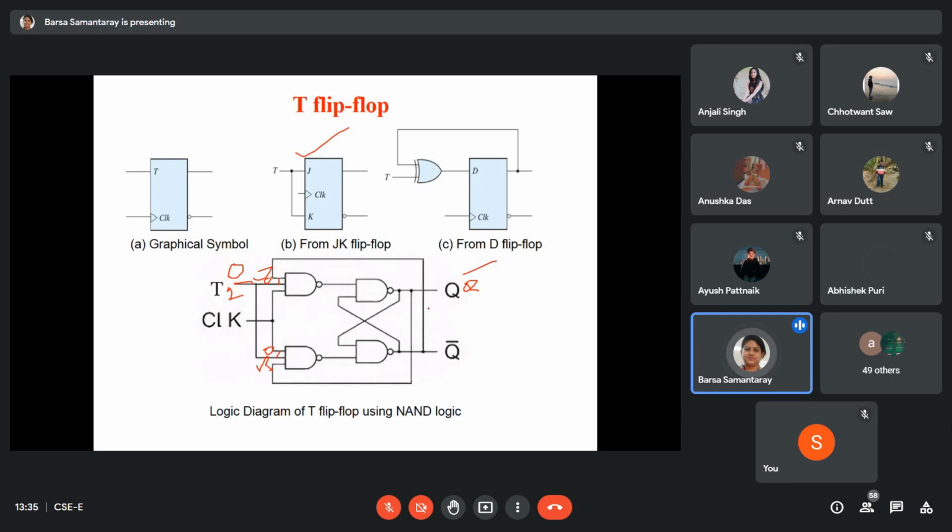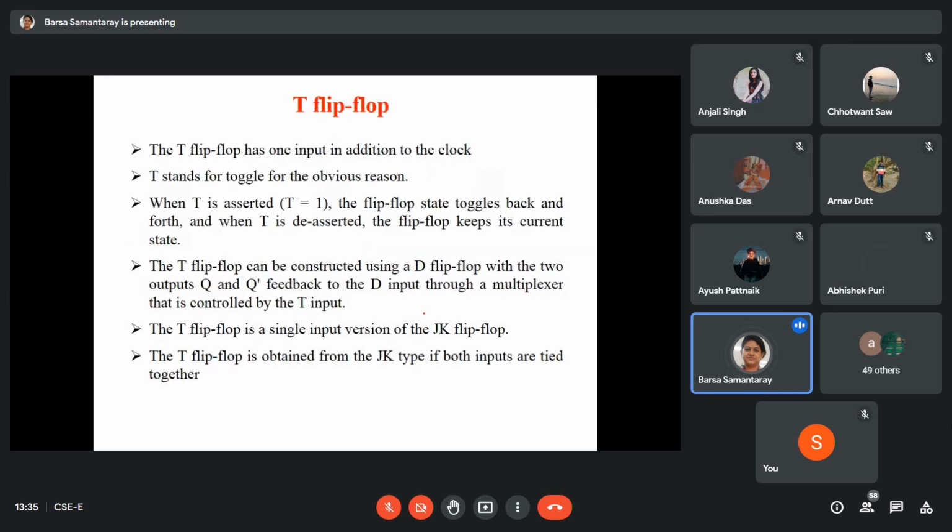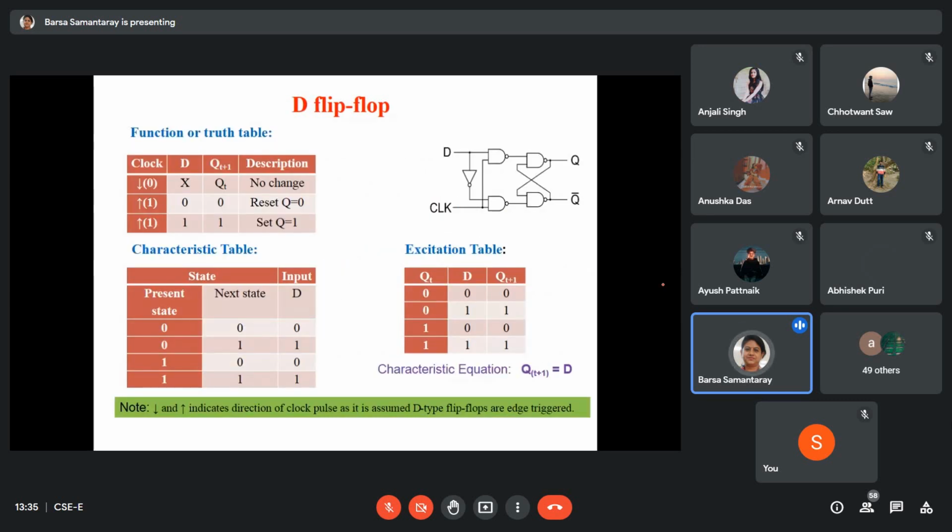So first we know what a D flip flop is. The T flip flop is derived from the D flip flop. Okay. And the D flip flop, you can see in this diagram, is derived from the SR flip flop. In the SR flip flop, there are 3 valid conditions.